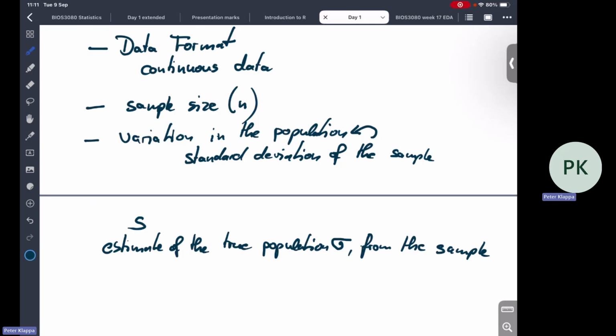So we have to estimate this true population standard deviation, and we use the sample for that.